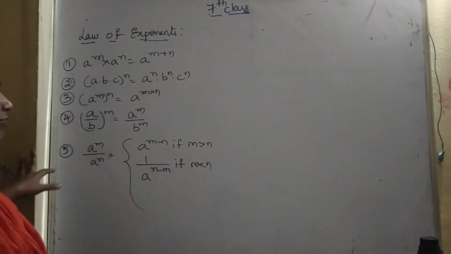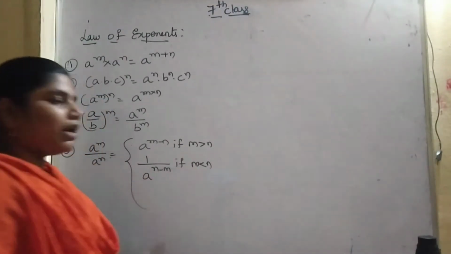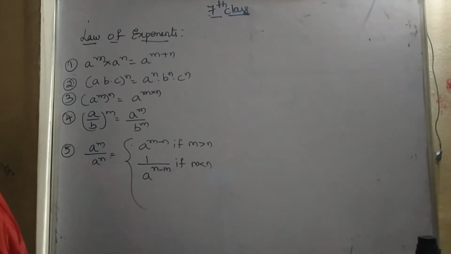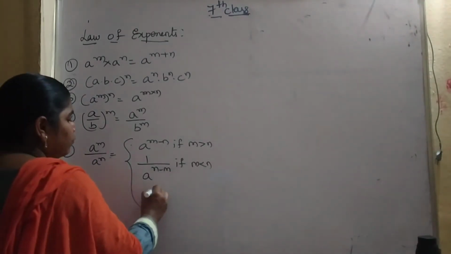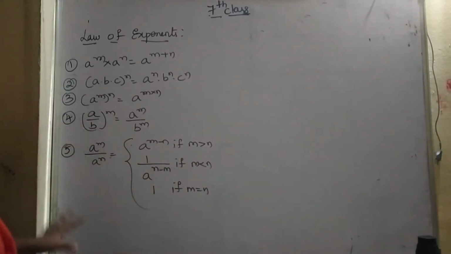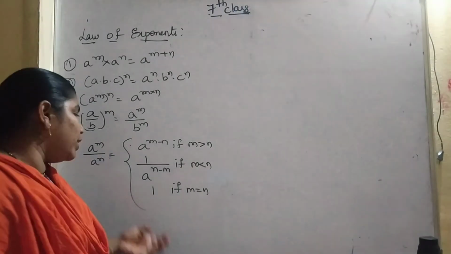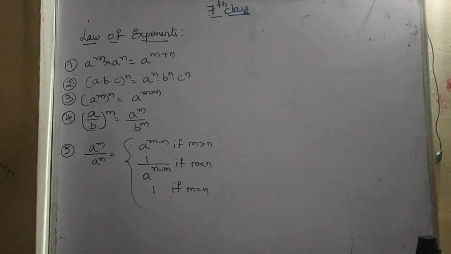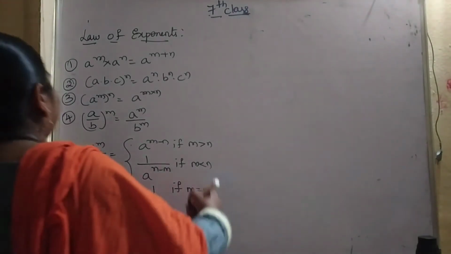So whenever the m value is less than the n value, we write it in the form of 1 by a power n minus m, and 1 if m is equal to n. Whenever the m and n values are equal, you will get the answer as 1. So this is our fifth law.